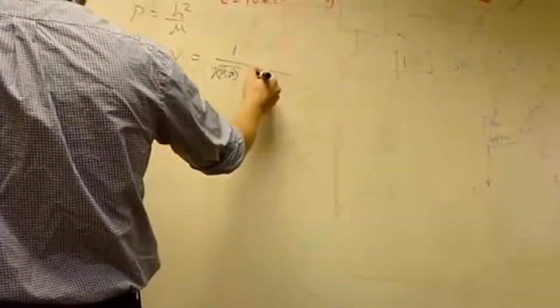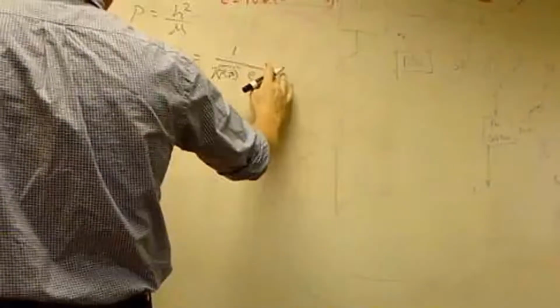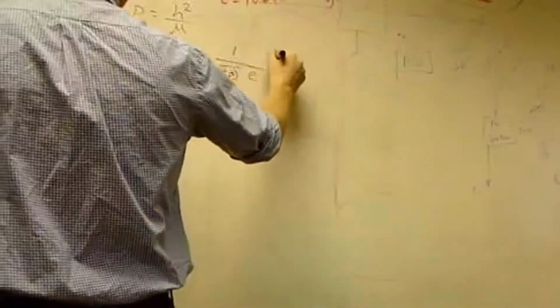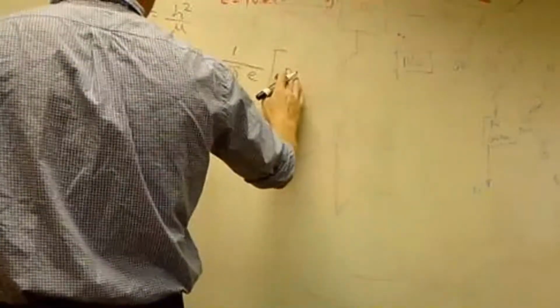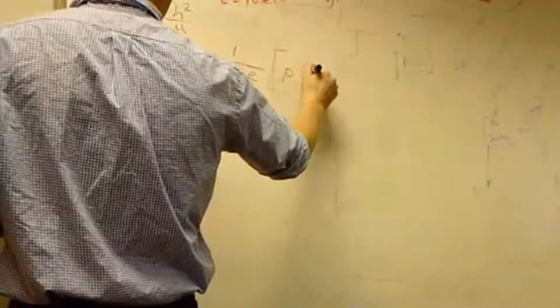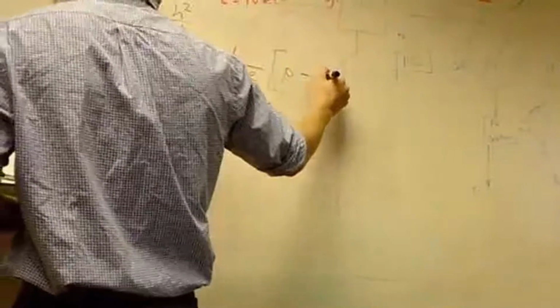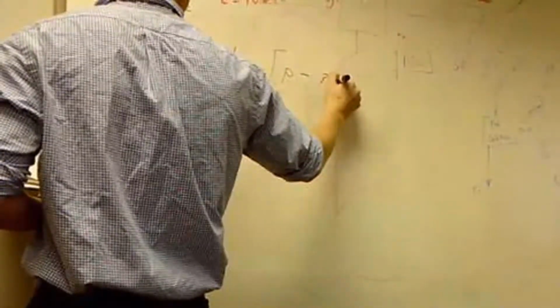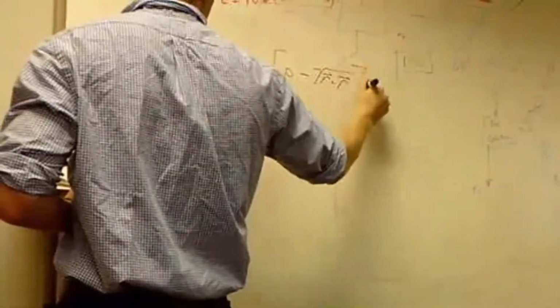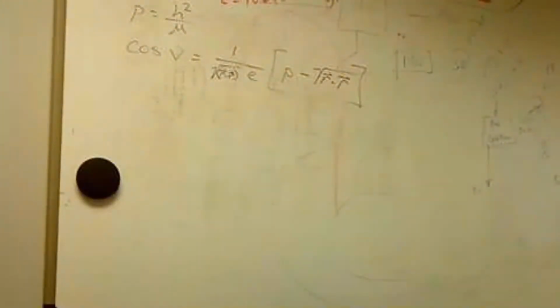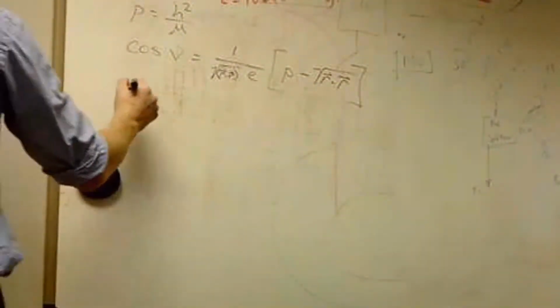Right? And then times our eccentricity. And then our semi-latus rectum comes into play. Geez, I keep writing a rho. P minus, same thing we just did, underneath, down in square root so that we have the magnitude. Ta-da! So that's our cosine.